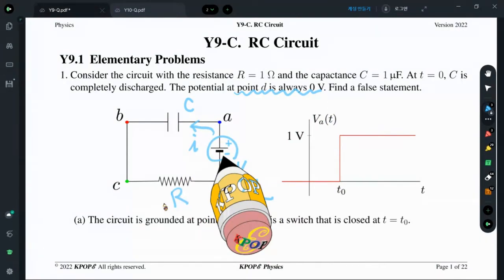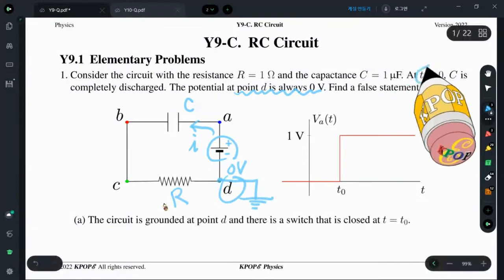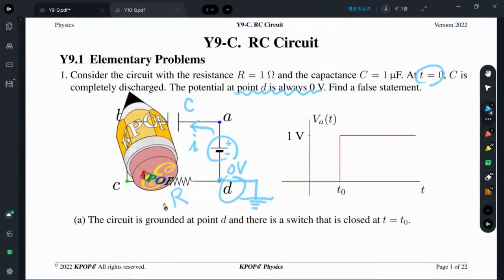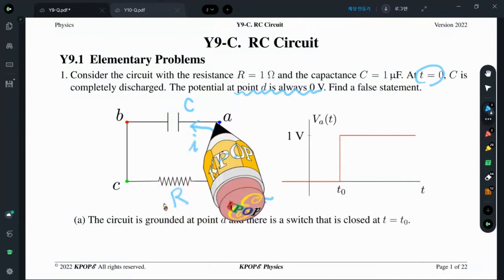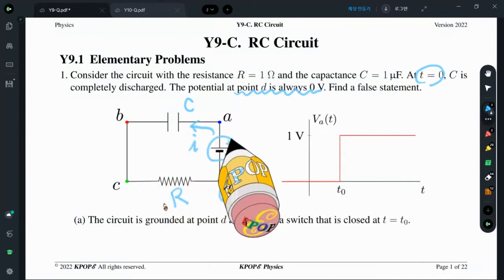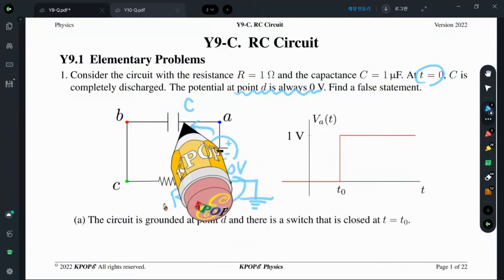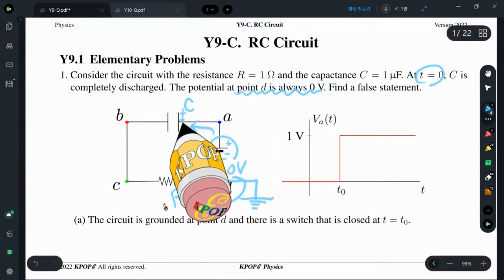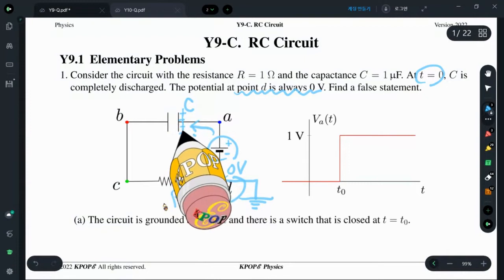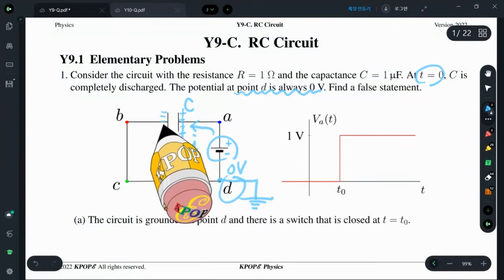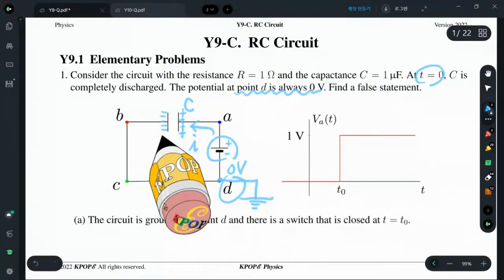By the way, at t equals 0, this capacitor was completely discharged. Because this terminal has a positive sign, positive charge will be accumulated in here, and negative charge will be accumulated here.